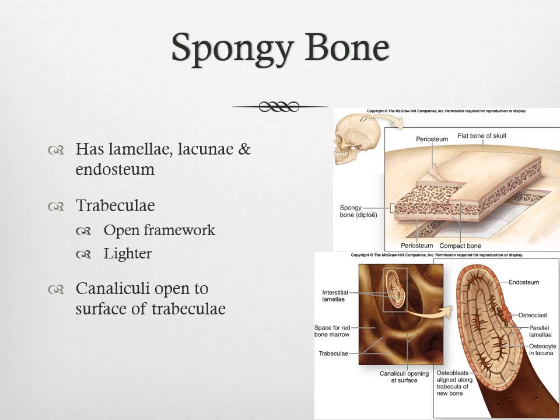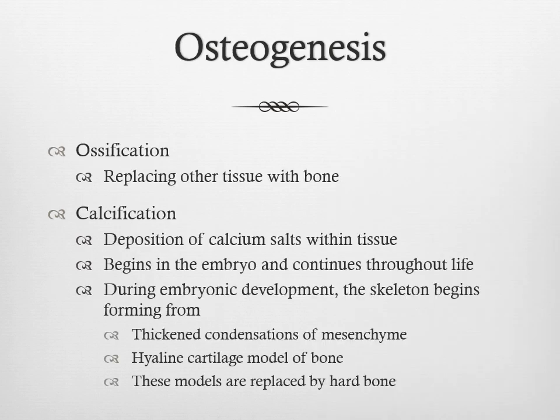And individual lamellae have those similar concentric circles as well, making up the actual trabeculae themselves around the outside. This spongy bone allows for a lightening of the bone, so it's not as dense and not as hard and compact as that of compact bone.